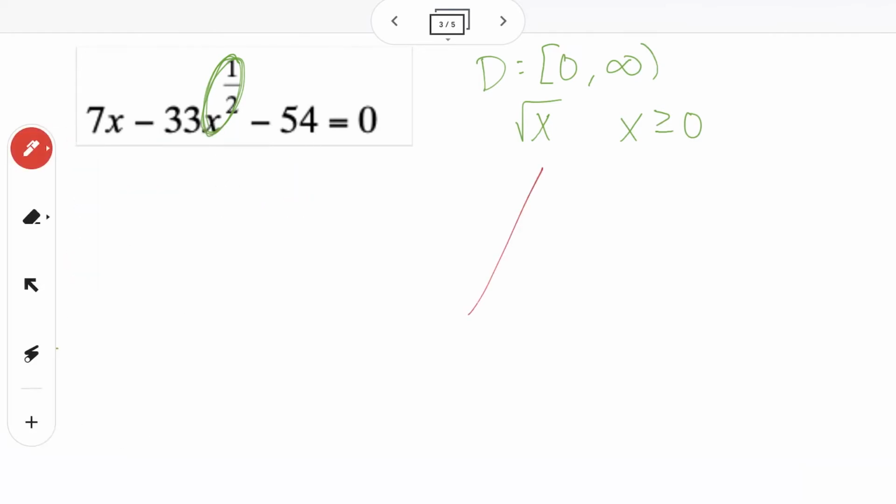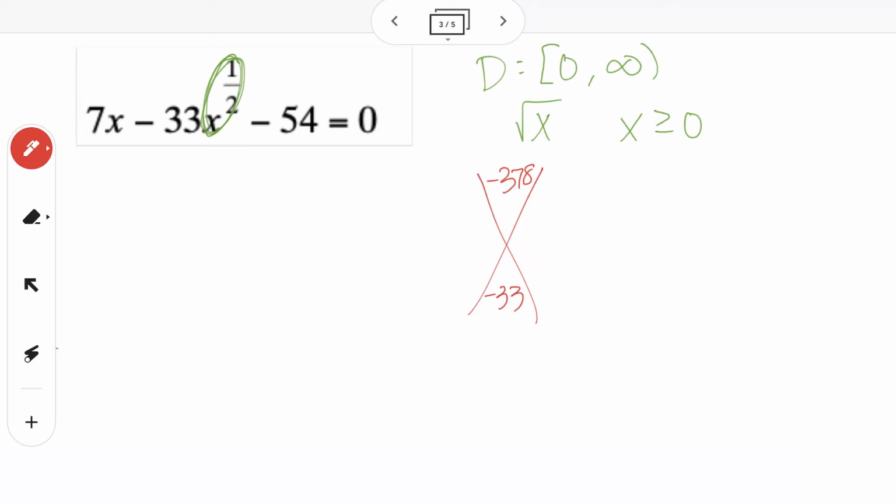As for actually factoring this, 7 times negative 54 gives me negative 378. And I'm adding to negative 33. It's going to take me a second here. Let's see. Divided by 6.